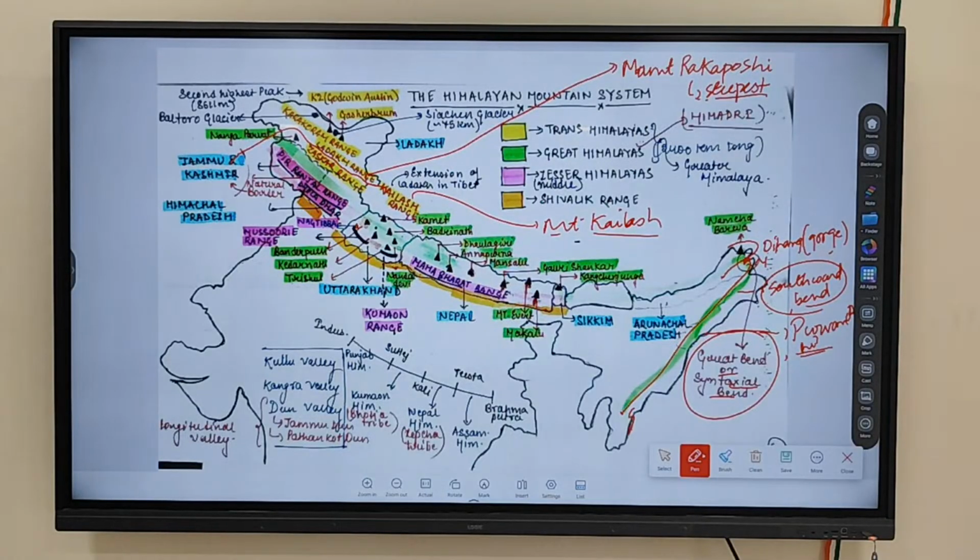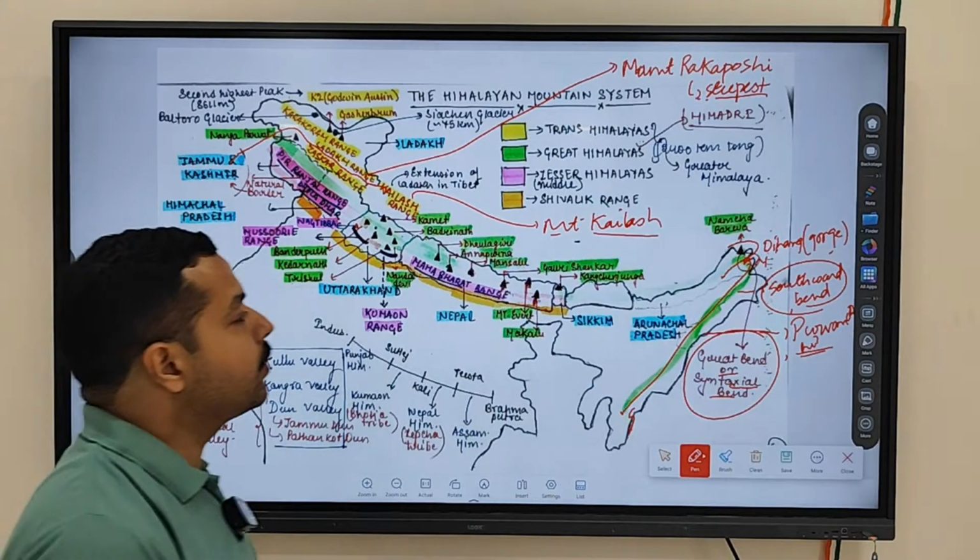The Himalayas are moving from north to south direction from the Dihang gorge, extending till Myanmar. Clear?